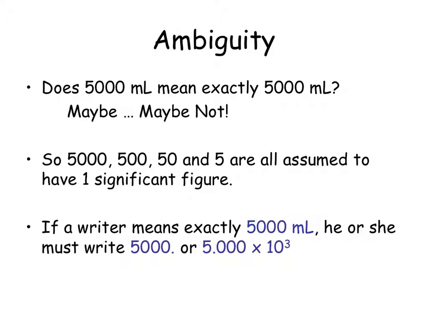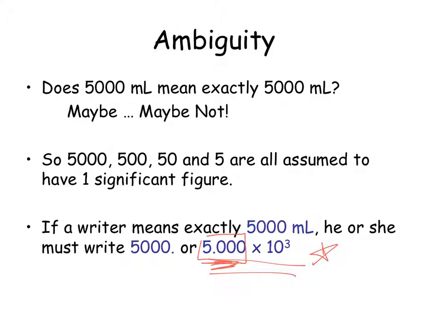And so you'll often see, maybe in your chemistry book or in other scientific writing, that they will use scientific notation, because all of the digits that are written in the coefficient in scientific notation are significant.